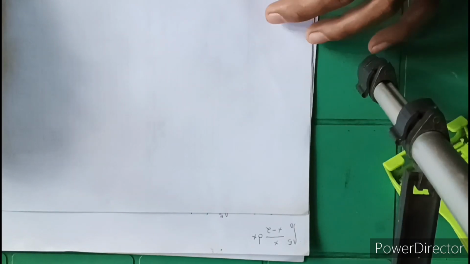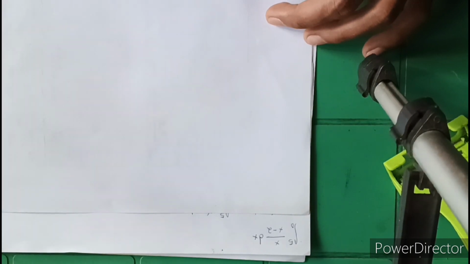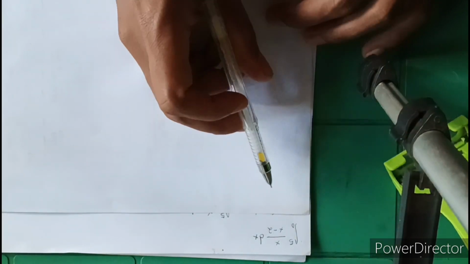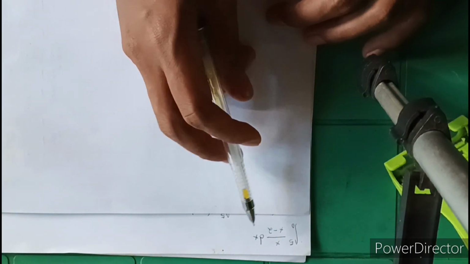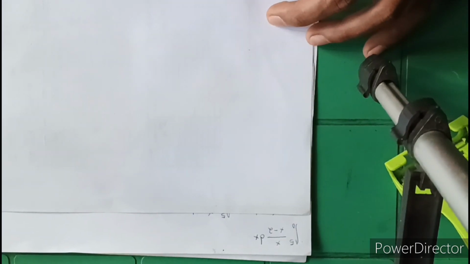We have here another example of an improper integral with a discontinuous integrand. If we evaluate this function at x equal to 2, the function is indeterminate.